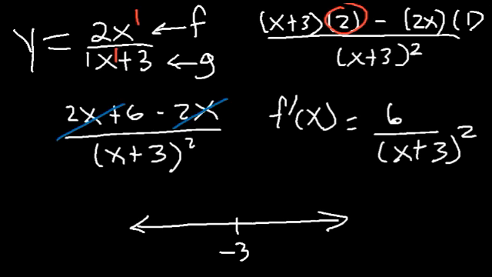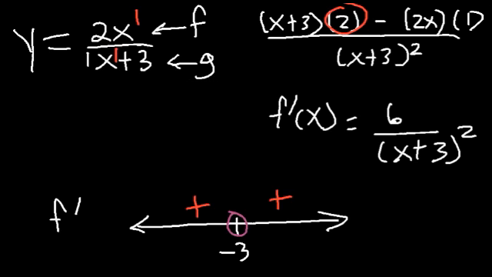If you plug in negative 8, plus 3 is negative 5, but once you square it, it's positive. So the first derivative is positive everywhere, except at negative 3. It's undefined at that point, so let's put an open circle at negative 3. Now that we have the first derivative and we've completed the sign chart, let's find the second derivative.